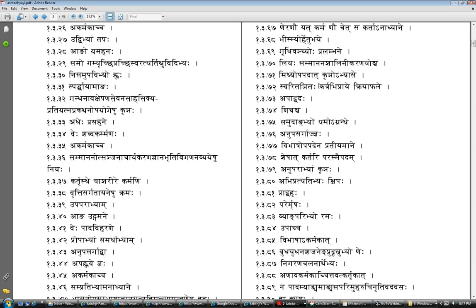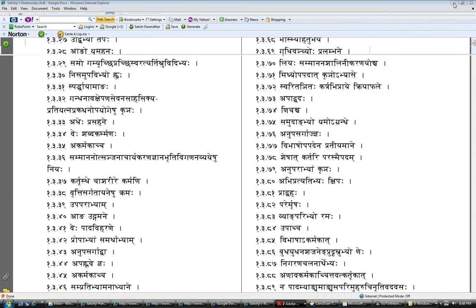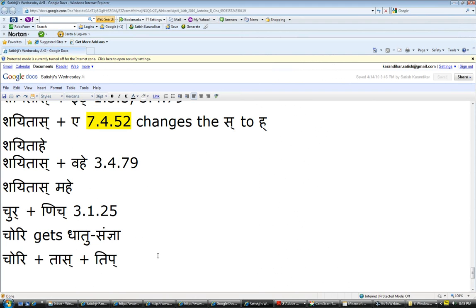So nichascha basically makes him ubhayapadi. Basically nichascha says that when you have a nijanta dhatu, then that's going to become ubhayapadi. Nichascha also has some controversies, but let's not get into that today. It would take too long for us. But bottom line is that, at least as a general statement, these nijanta dhatus become ubhayapadis.